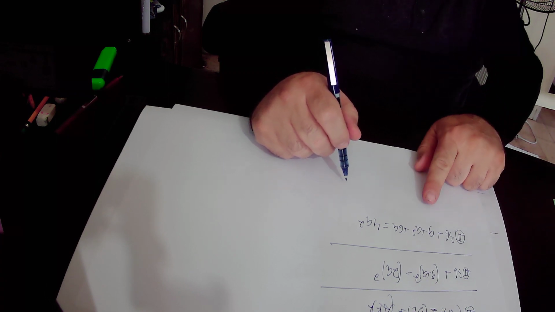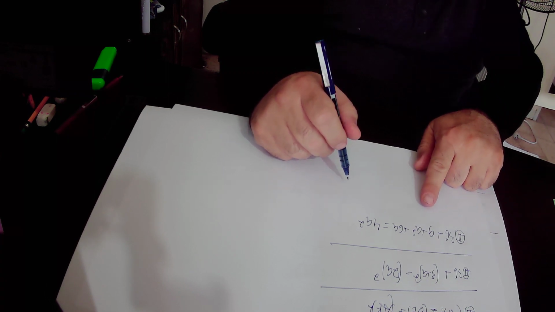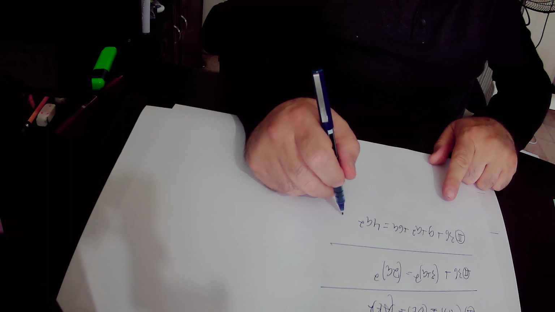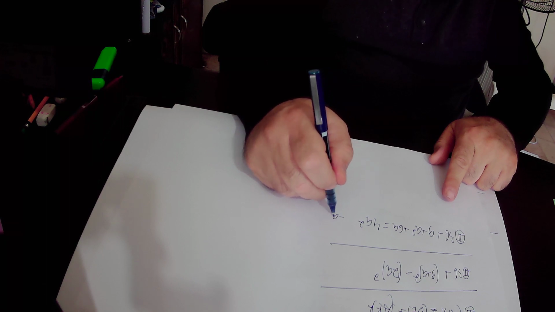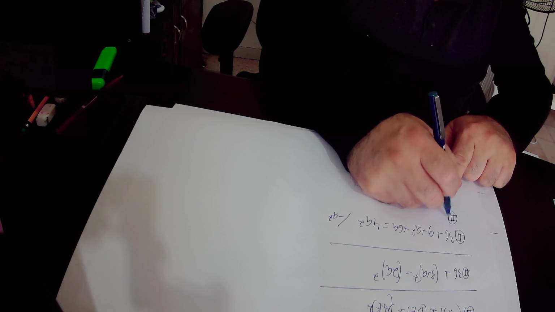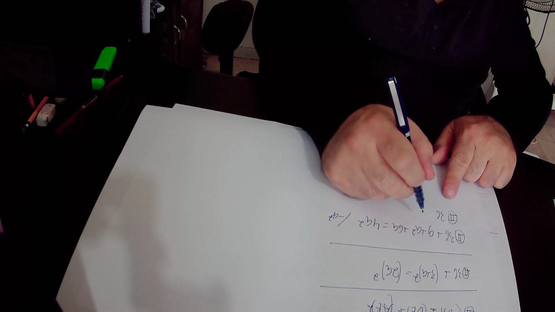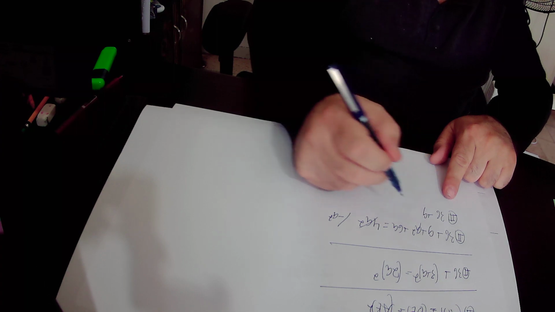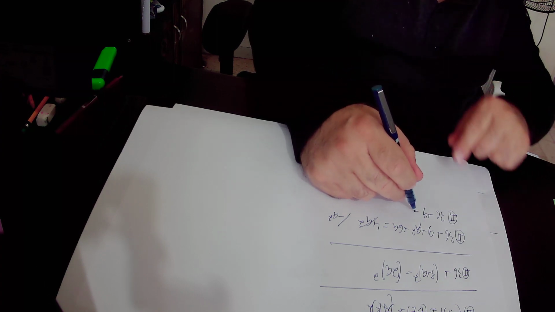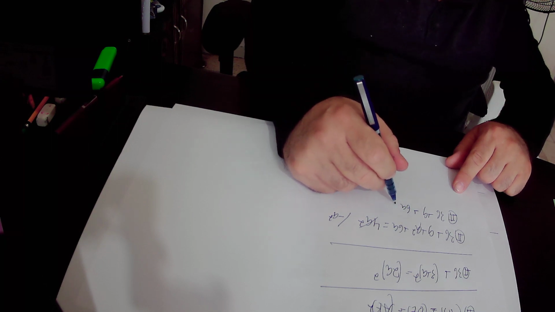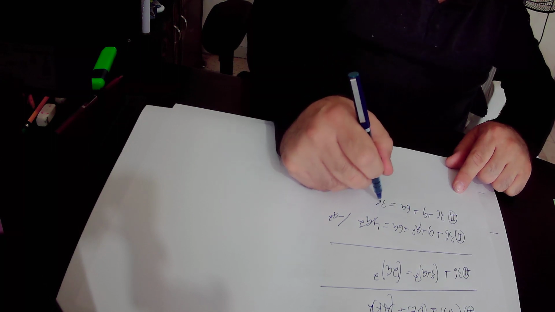Here we subtract a squared from equation number 2, and we get 36 plus 9 plus 6a equals 3a squared.